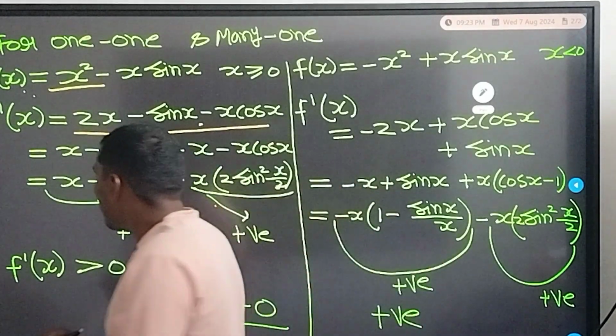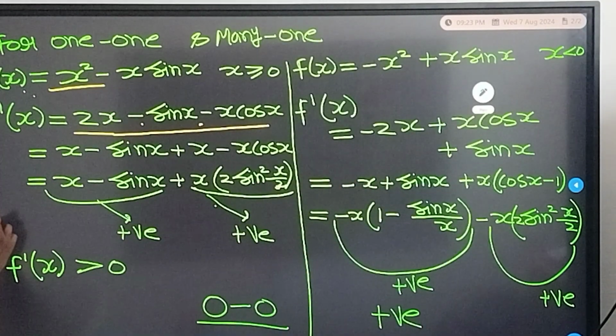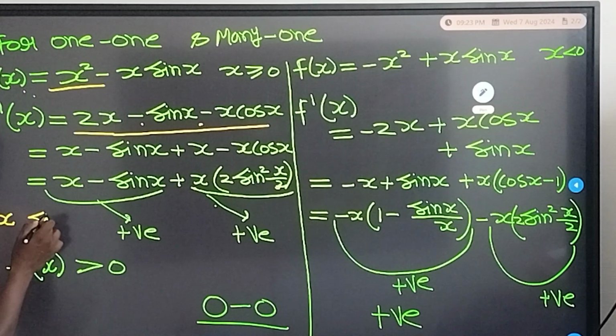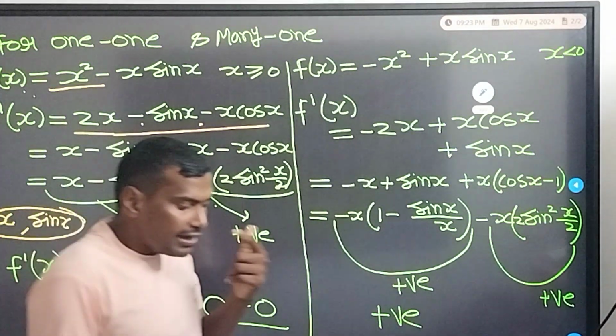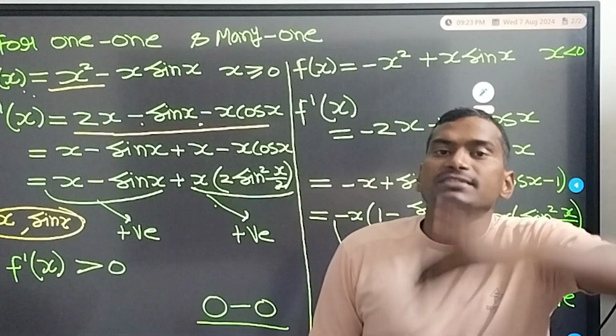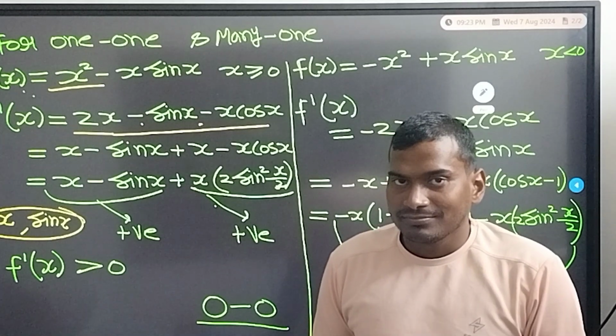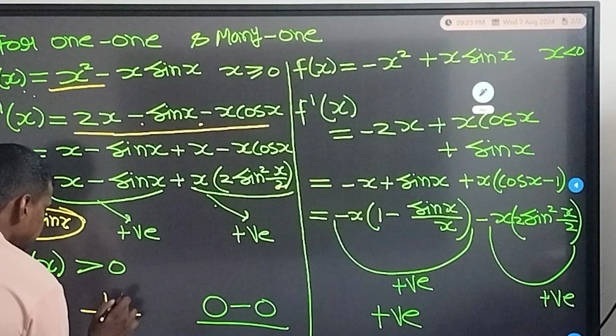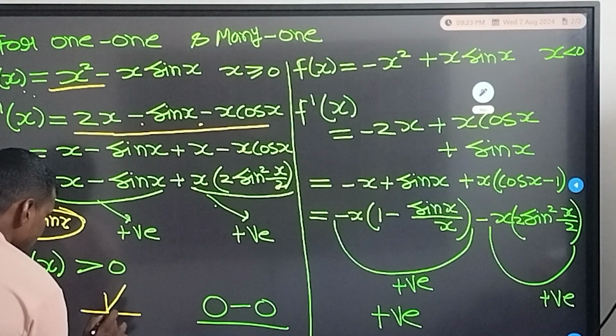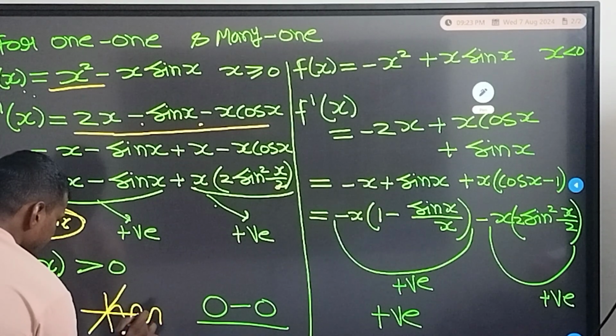If we talk about the graph of x and sin x, for x greater than 0, you will find x will be always above sin x, right? See the graph. This is y equal to x and this is sin x.